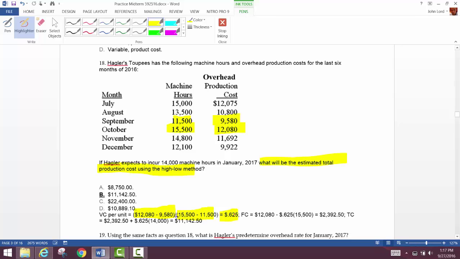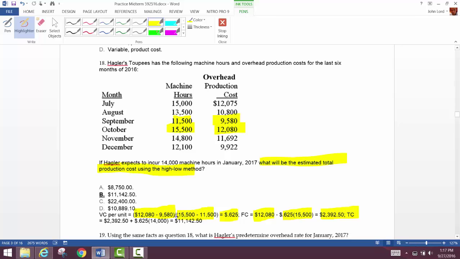Is that right? Okay. And then if you use the high, 12,080 is the total cost at the high, minus the variable cost per unit times the high number of units, gives me the fixed cost of 239,250.